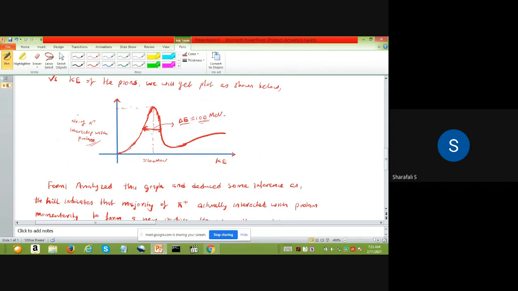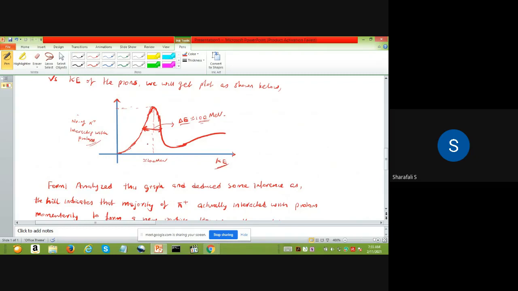Okay, and that can create a new particle which is extremely short-lived and again decays into π+ and proton. So at first glance we cannot observe those particles, but from this analysis of the number of π+ interacting with protons versus kinetic energy curve, we can infer it.